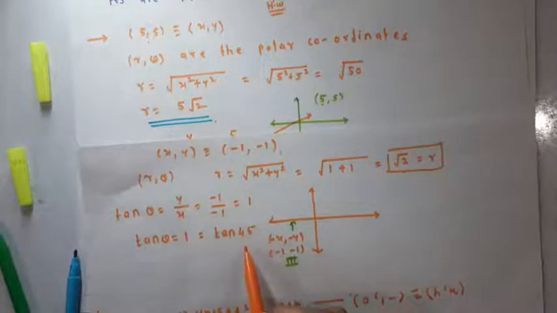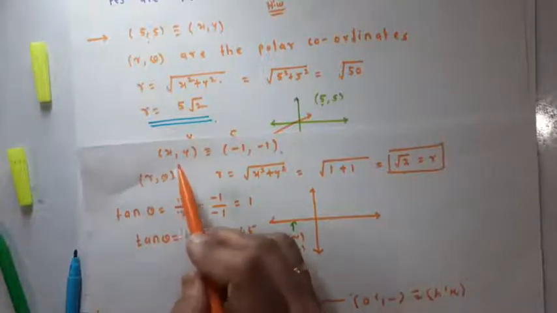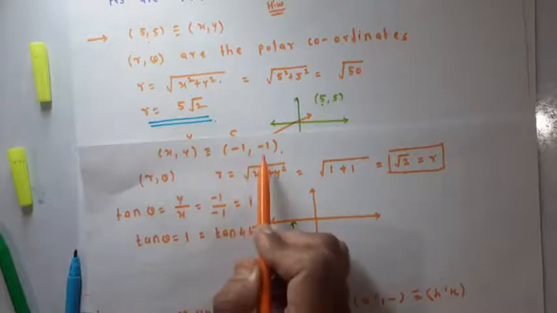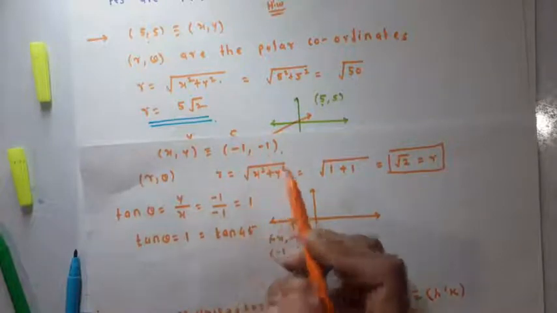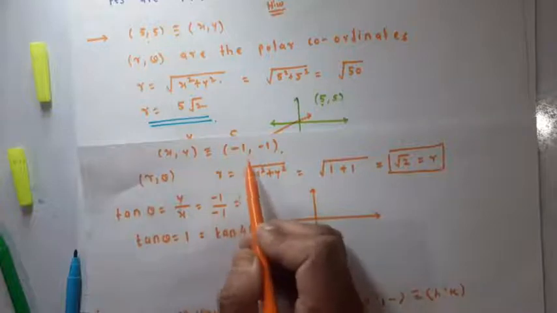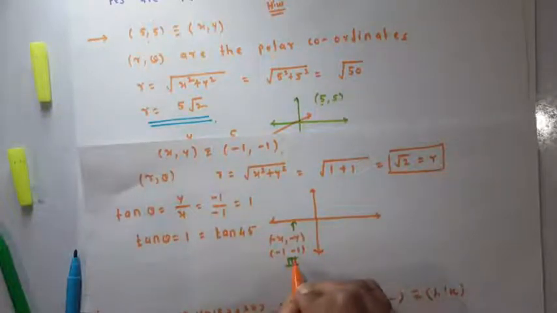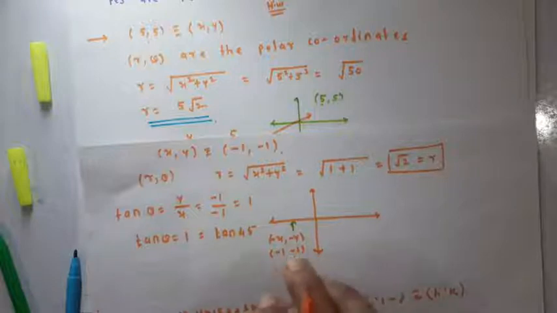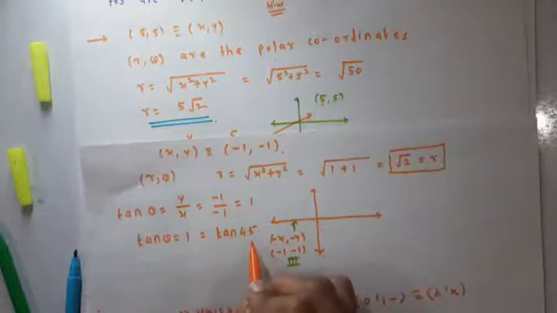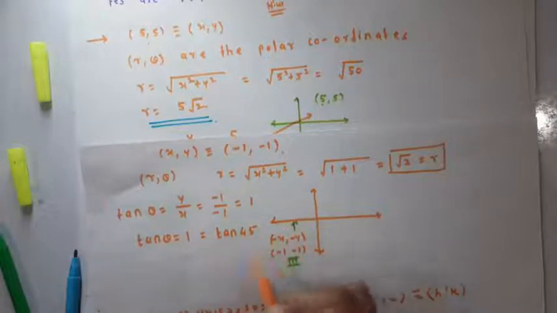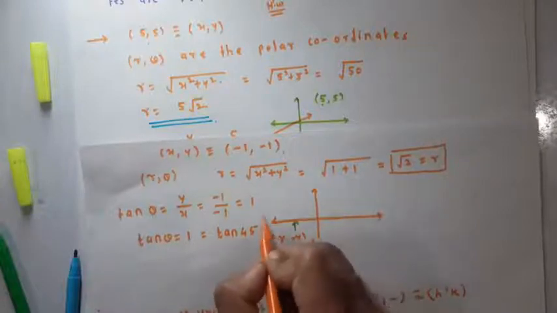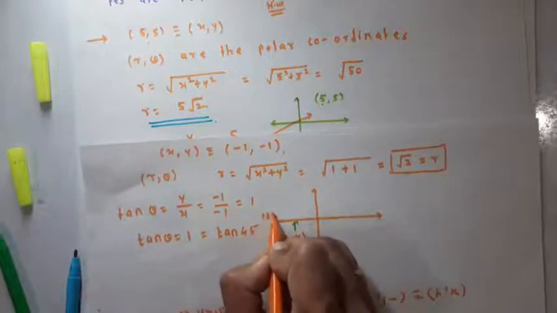But this is not correct, because the Cartesian coordinates are -1 and -1, which means the point lies in the third quadrant, and that's why in the third quadrant the value of theta is not 45. Okay, so let us find out the value of theta up to this 180.